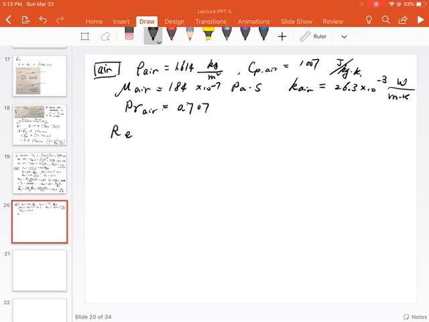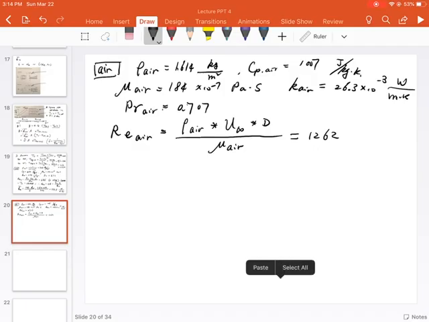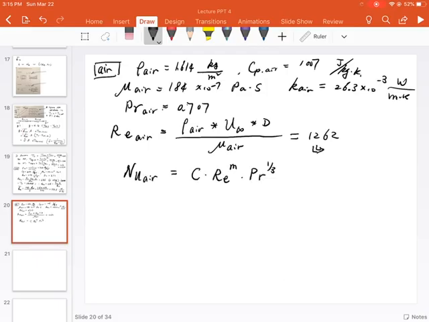For this external cross flow across the pipe, we had a handout a few classes ago, and from the Reynolds number, C equals 0.683 and m equals 0.466.